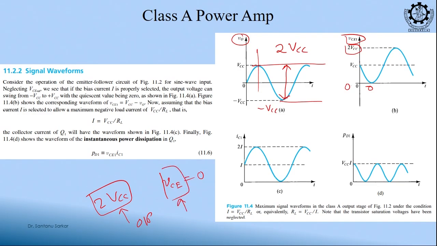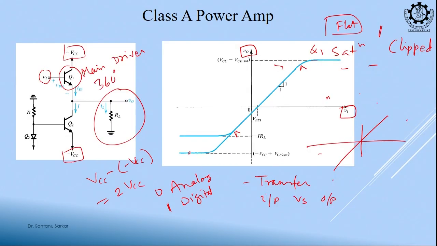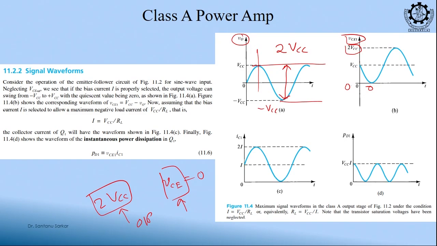What is my KVL saying? KVL is saying that along this path, the output will be through this. So, again my VCE can go from 0 to twice VCC. The output is going from minus VCC to VCC, but when it is VCC, VCE goes to 0. So, it goes from 0 to twice VCC.